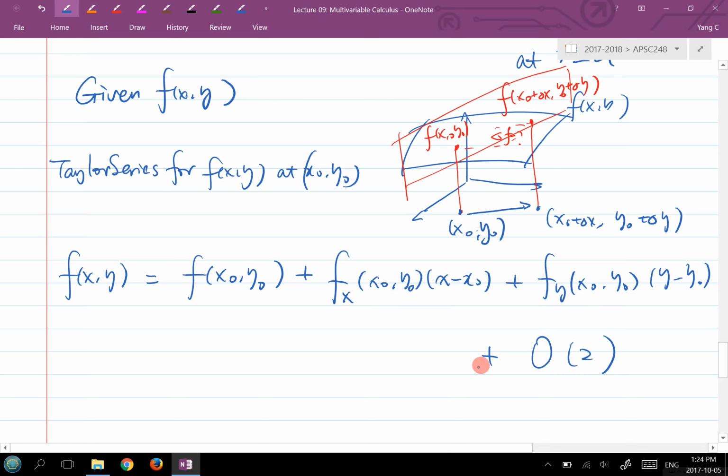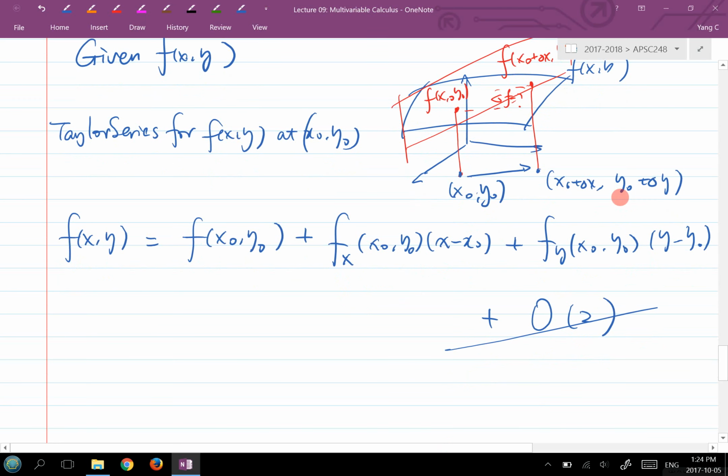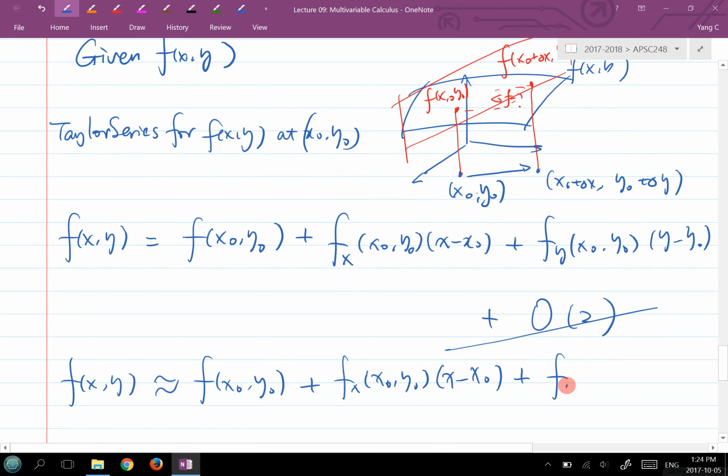If I get rid of all the higher order terms, the equation becomes f of x, y is approximately equal to f of x naught, y naught, plus fx at x naught, y naught times x minus x naught, plus fy at x naught, y naught times y minus y naught.